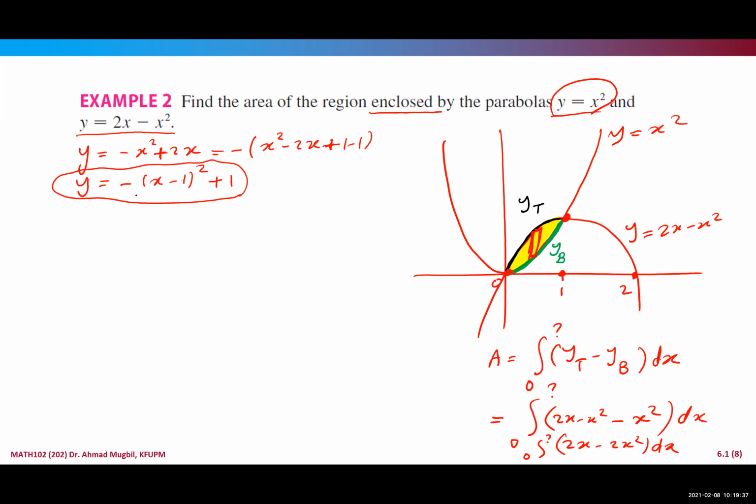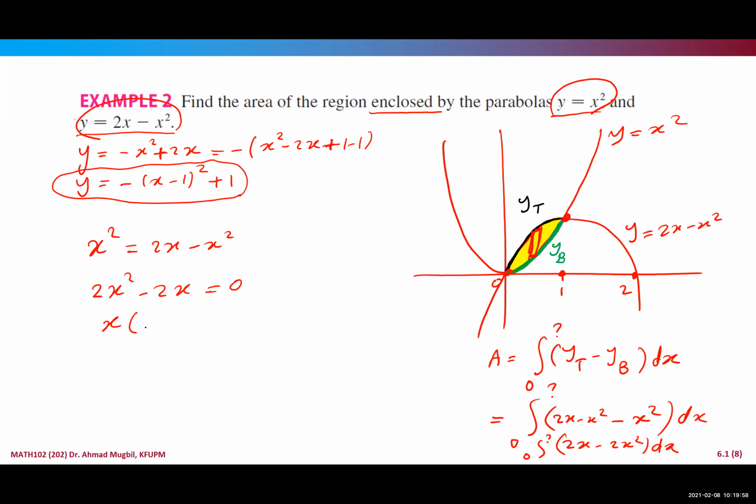This is y and this is y. Equate them, replacing this y here by x squared. So you will have x squared equals 2x minus x squared. Move this over and you will have 2x squared minus 2x equals 0. Divide both sides by 2 and take x as a common factor.